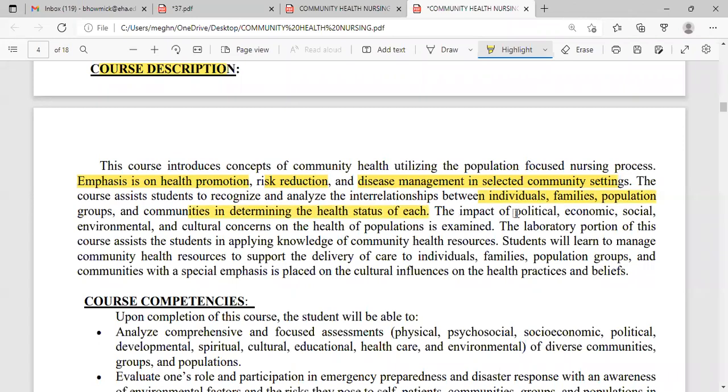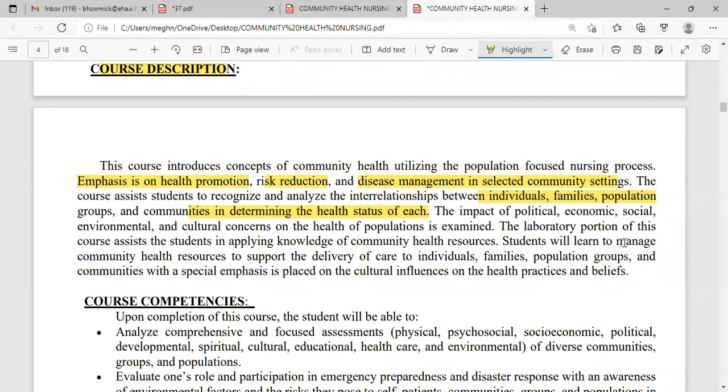The impact of political, economic, social, environmental, and cultural concepts on the health of populations is examined. The laboratory portion of this course assesses the students in applying knowledge of community health resources.